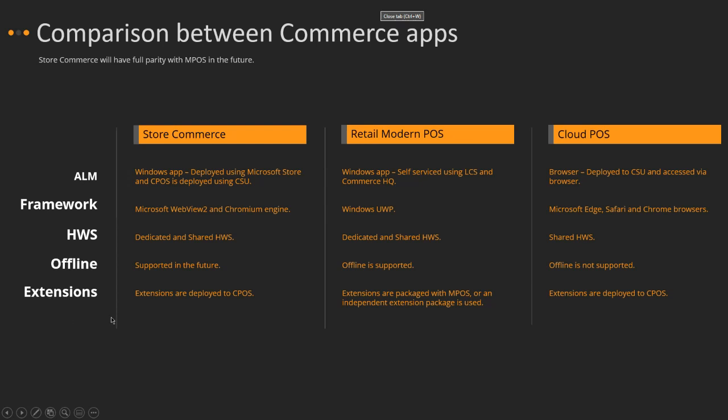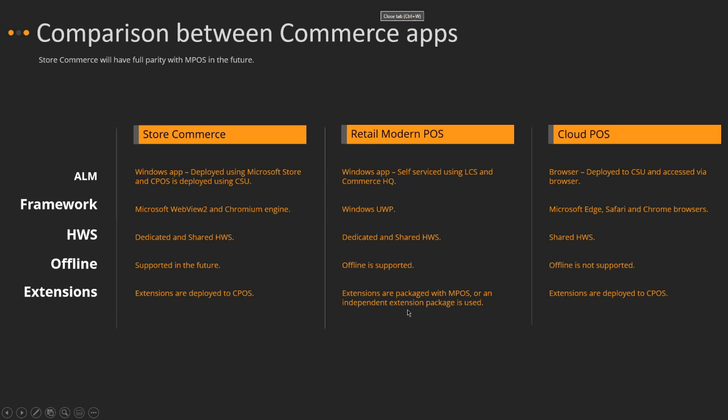Then for extensions, when you do customization, either by getting the SDK from GitHub or from the old retail SDK, you build the extension, package it, and deploy it to the cloud point of sale, and your Store Commerce app will automatically render it. Similarly, the extension for retail modern POS is also the same.